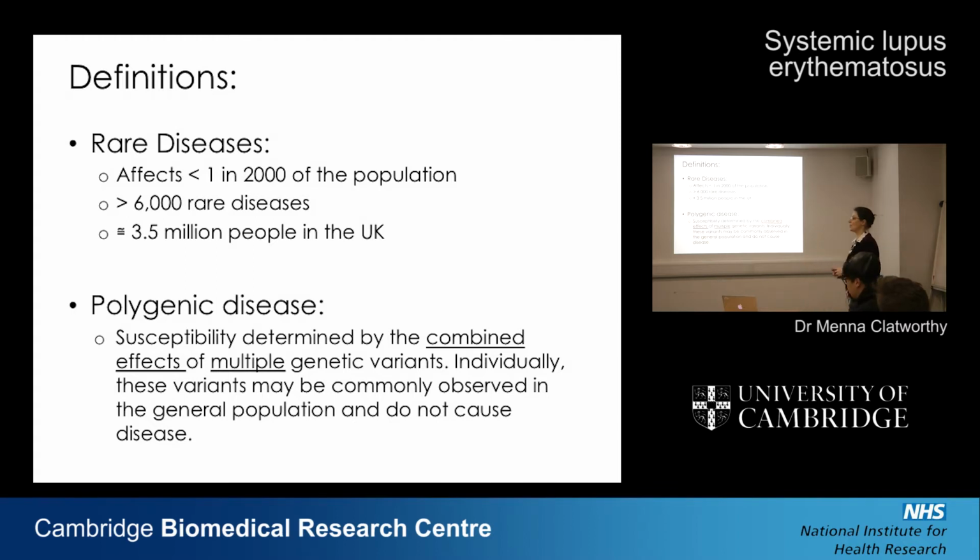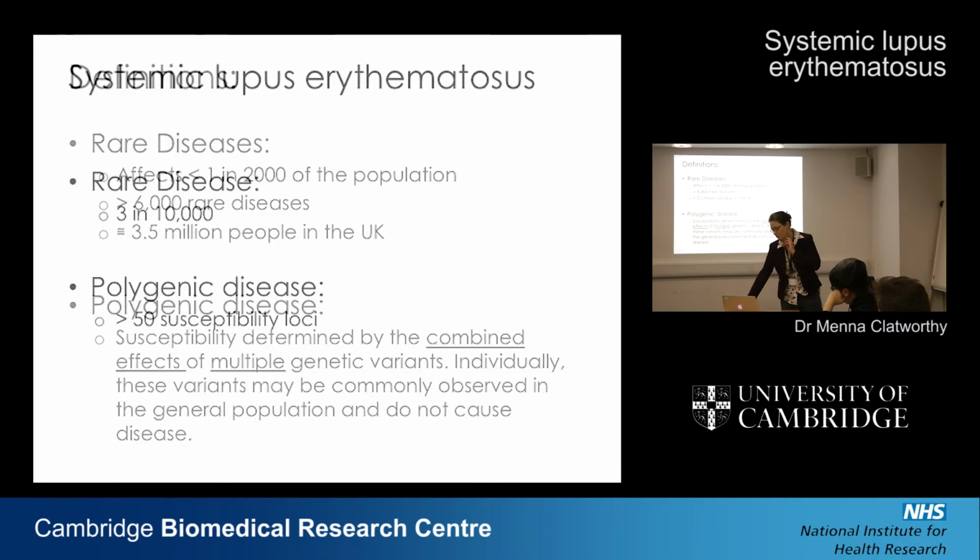And so these individual variants, if you looked in the general population, are often relatively common, but in isolation they don't necessarily cause disease. So it's only if you line them up in a particular way that they will cause disease in an individual.